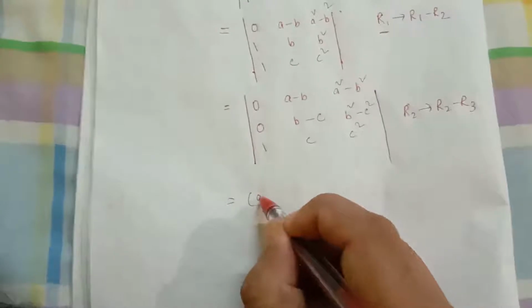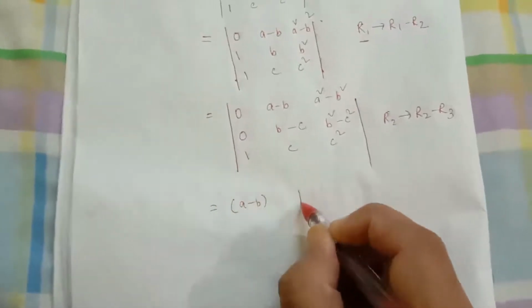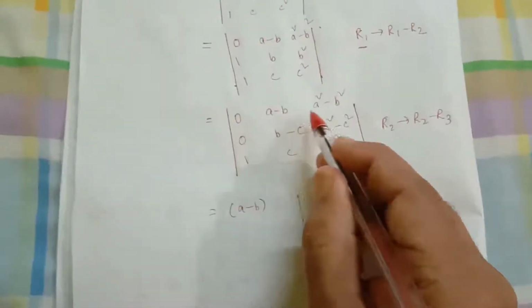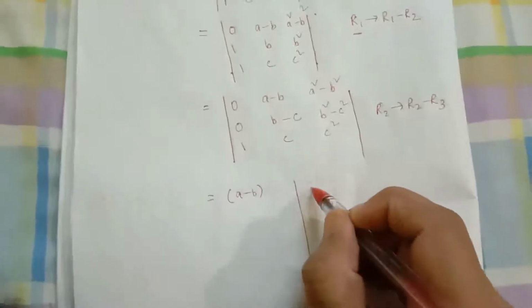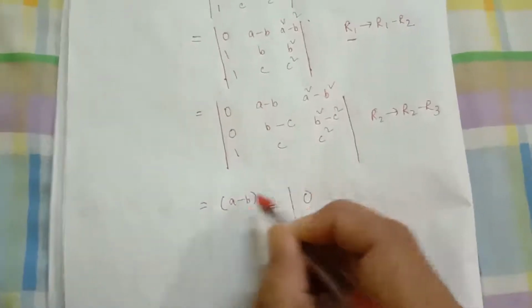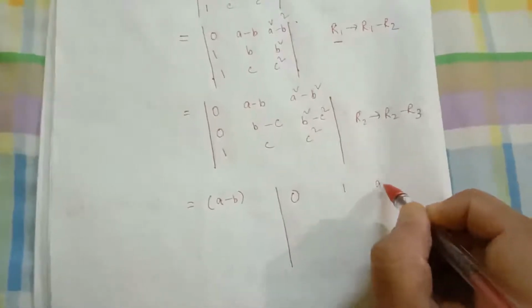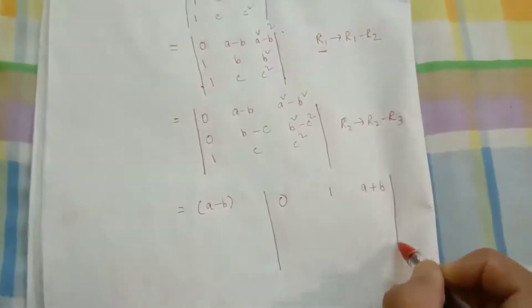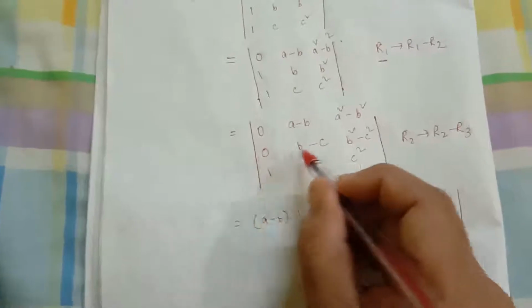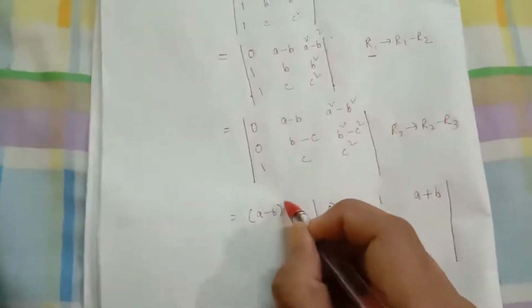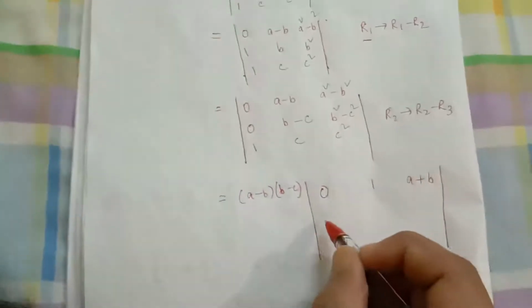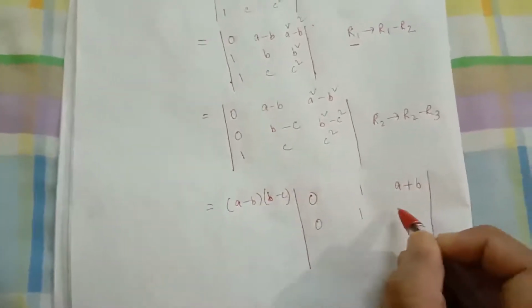We can take a minus b common because a minus b is a common factor of these three elements. So R1 will become 0, 1 and a plus b. Again, in the second row, taking b minus c common, this will become 0, 1 and b plus c.